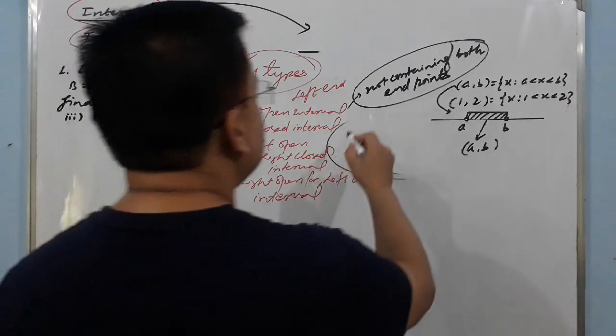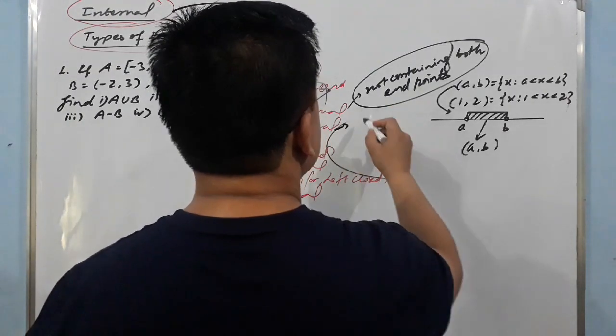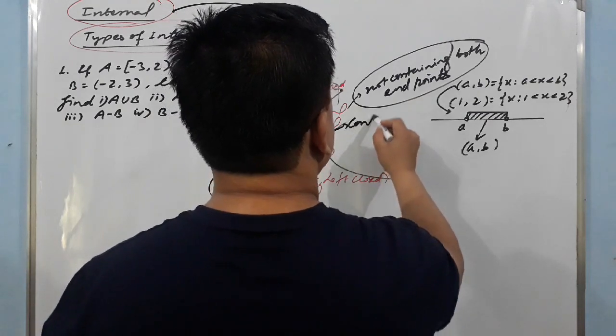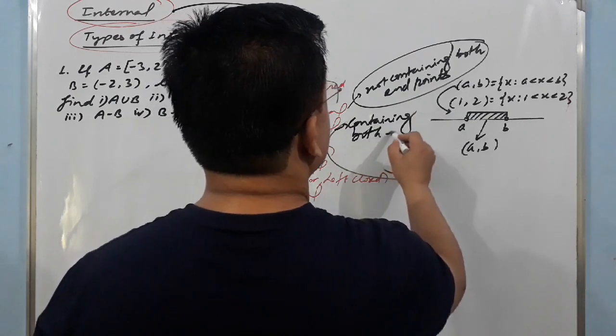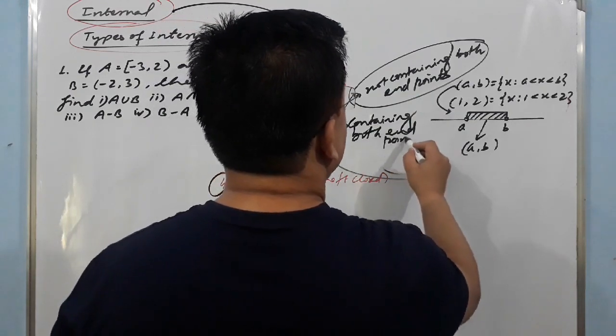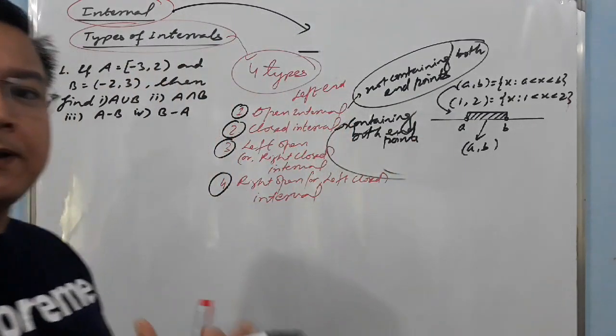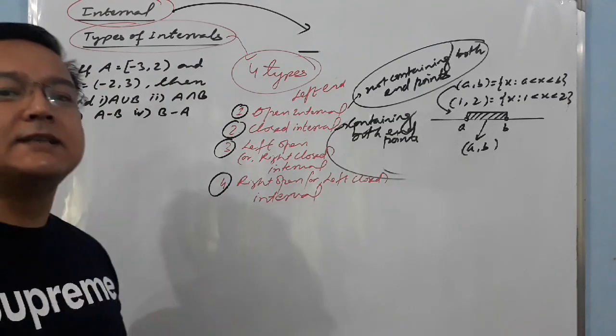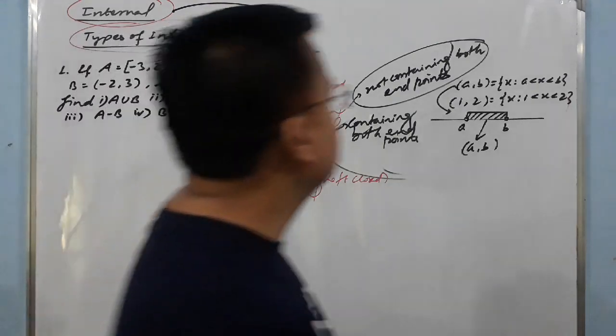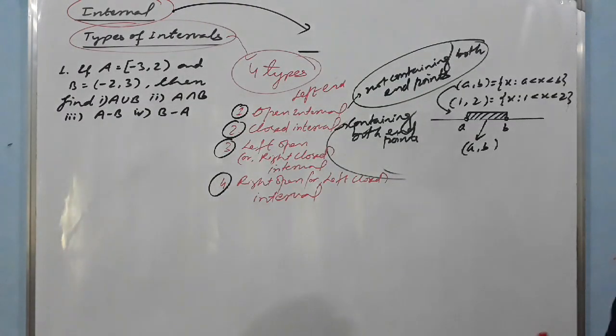Now the closed interval. It is just the opposite of this: containing both endpoints, a and b. If a is the left hand point and b is the right hand point, then your counting starts from a and ends at b.